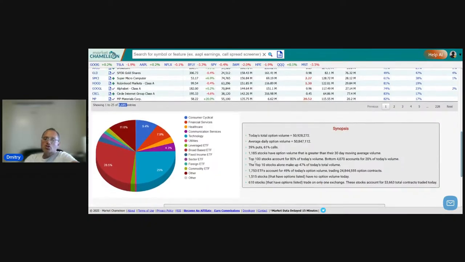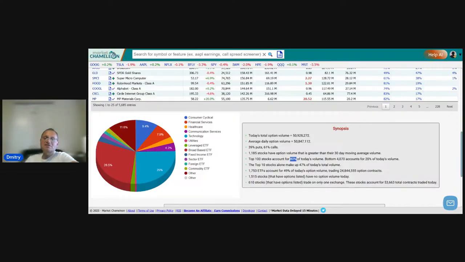The top 100 busiest stocks, so if we sorted by volume, the 100 stocks ranked by the highest volume traded, represent 80% of all the volume. So 80% of all the options volume is in 100 stocks, out of the 5,600.